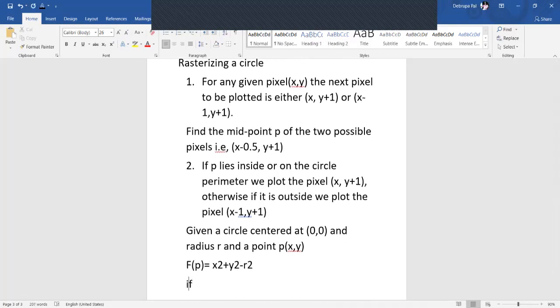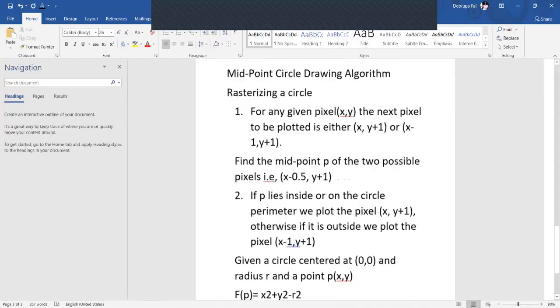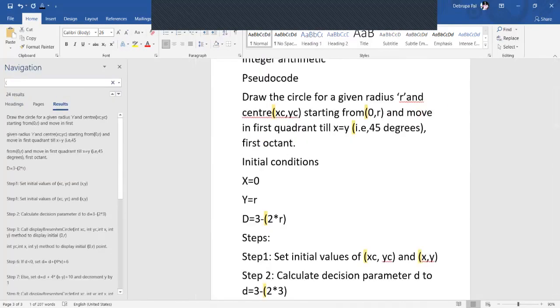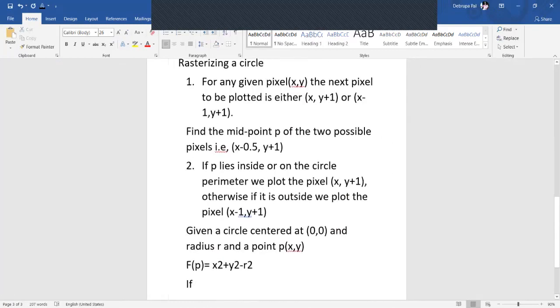Now here there will be a checking. If f of P is less than 0, the point is inside the circle.